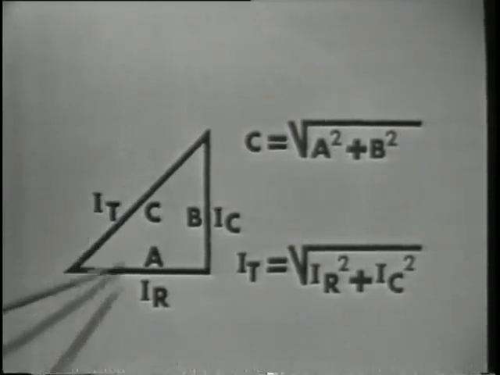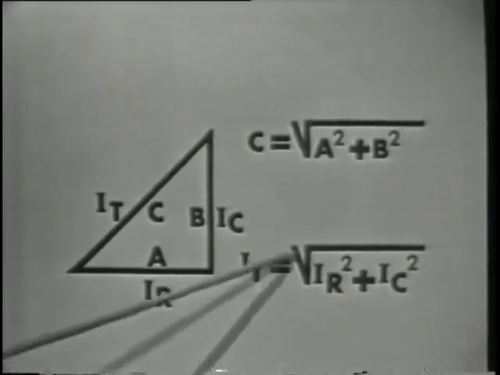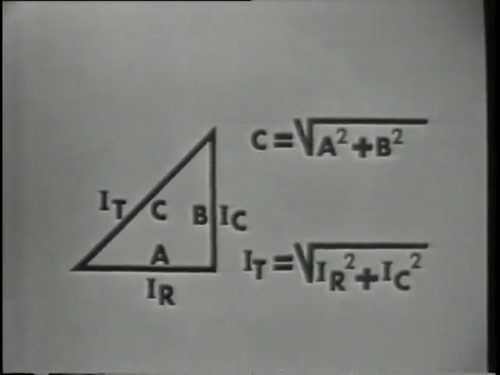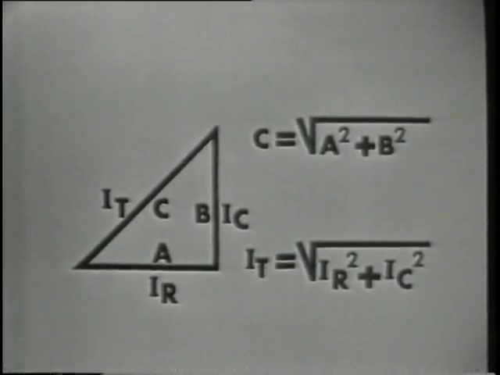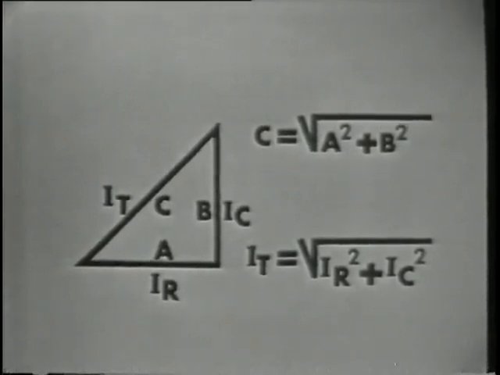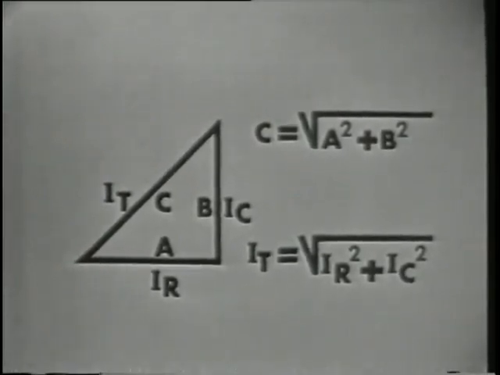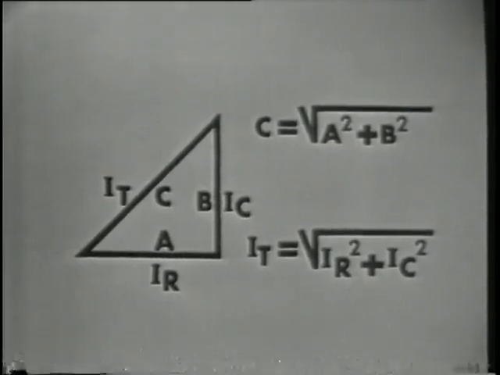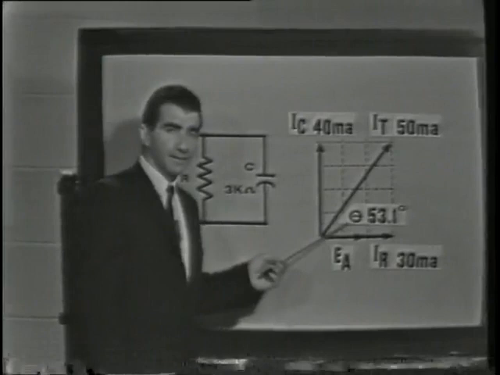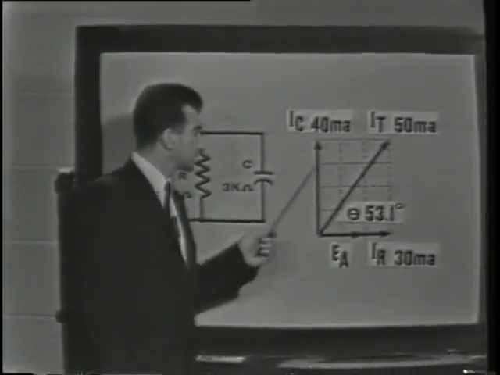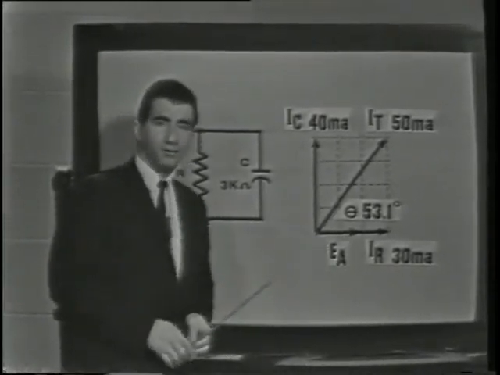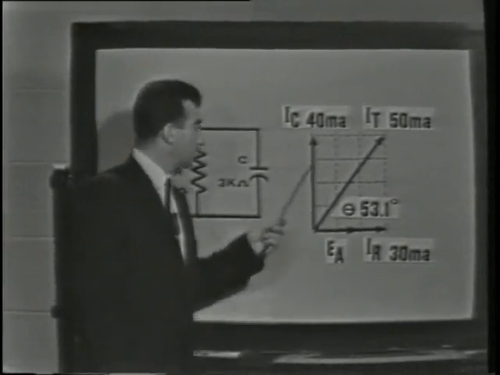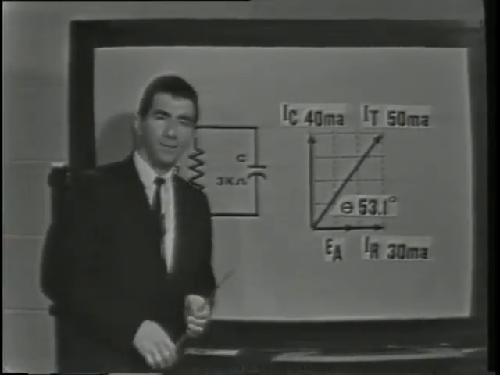Therefore, IT, or the total current, is equal to the square root of IR squared plus IC squared. Now, of course, this method is much more accurate than measuring the vector on the graph. And we can also see that the size of angle theta is determined by the size of the sides of our triangle, or by the amount of IC and IR.